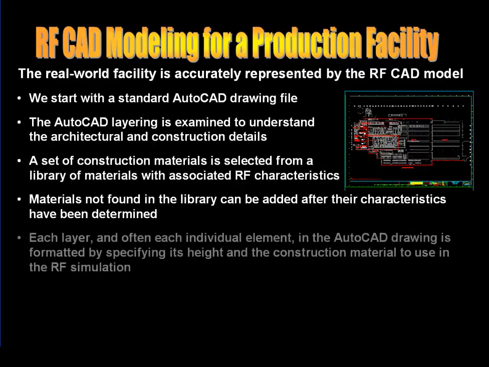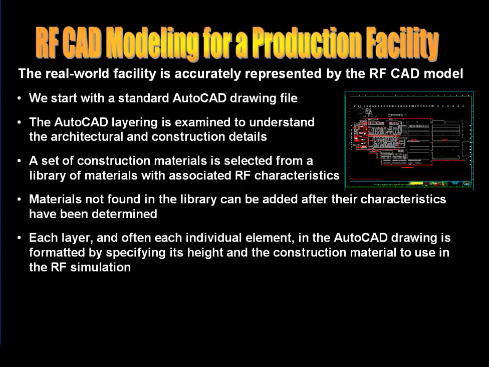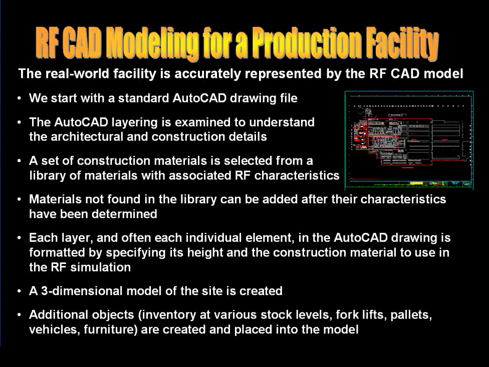Once the library has been evaluated and the drawing has been evaluated, then each layer in the drawing is formatted, sometimes to the level of individual elements where the height and construction materials are assigned, so that an accurate three-dimensional model is created. In addition, variable objects like freestanding inventory can be created and placed into the model.